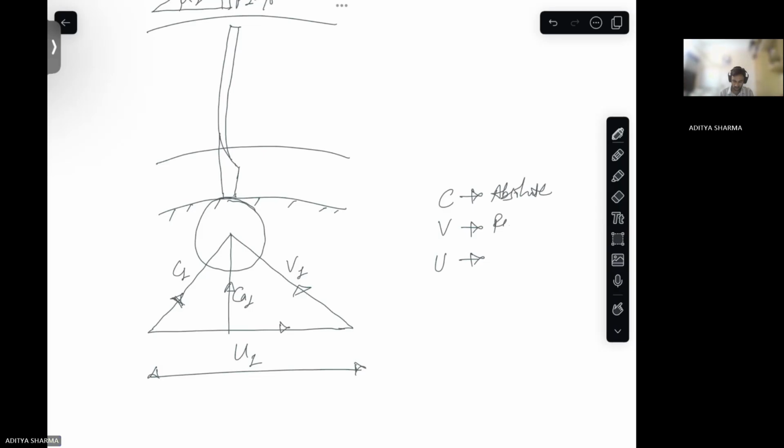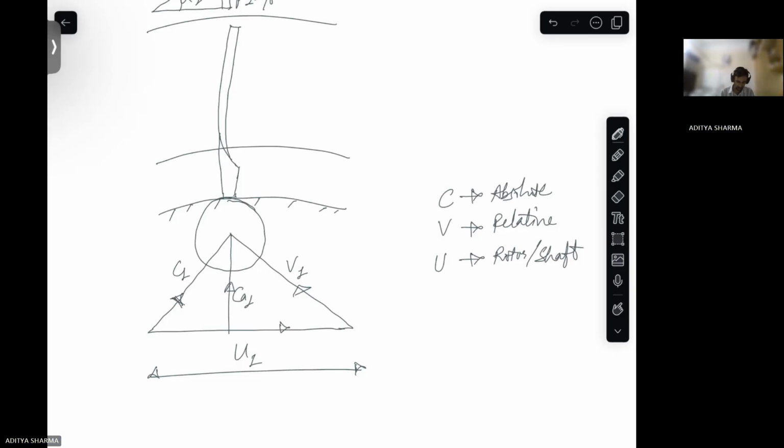This is relative. It is for your rotor or shaft or blade speed, we call it also. So C1 is there.